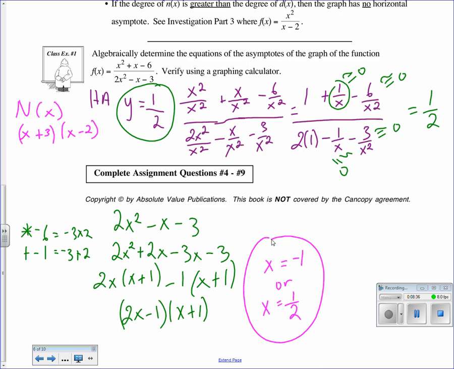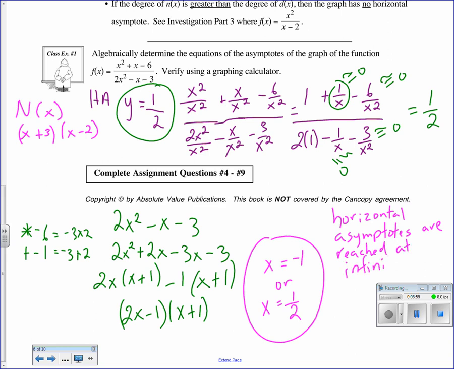One thing to remember is horizontal asymptotes are reached at infinity. They can be crossed on the way to infinity.